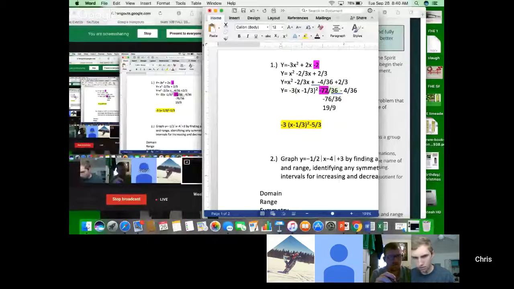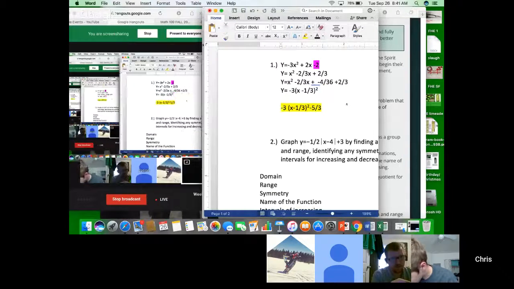No. So, because you have x squared minus 2/3 x plus 2/3. And so you're going to take that and factor that into what you have at the bottom.